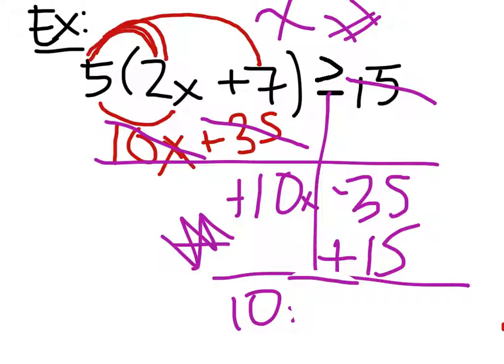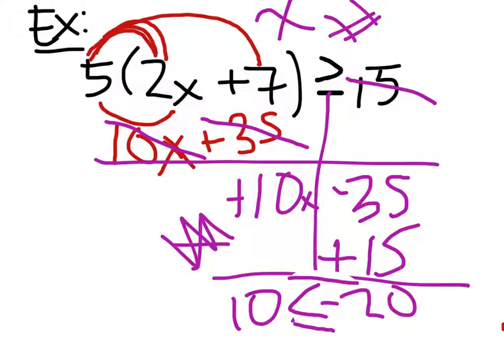So then you do negative 35 plus 15, and that's negative 20. And since it's a negative, you switch it, right?